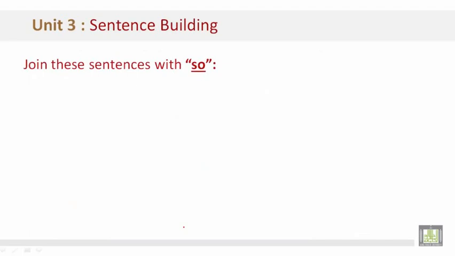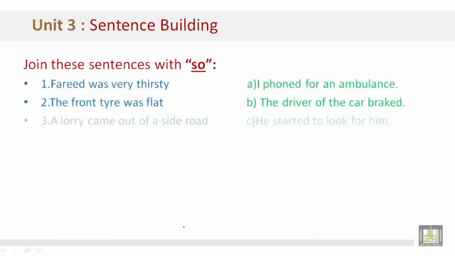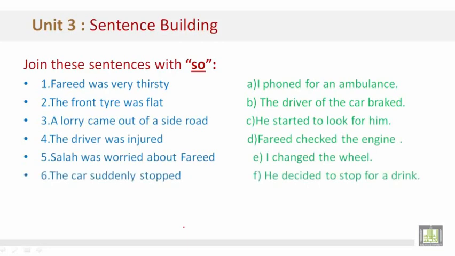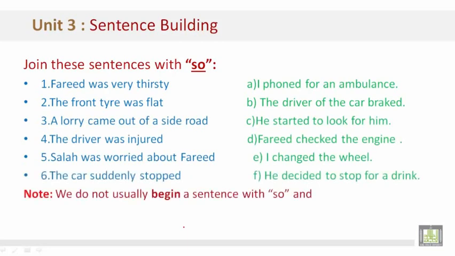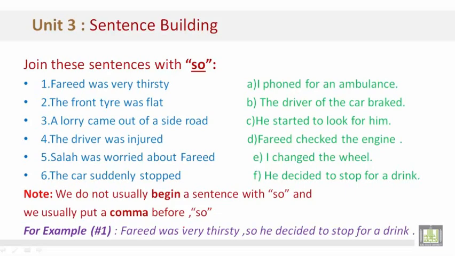Let's join the sentences with so. We have option 1, 2, 3, 4, 5, 6, and please note, we do not usually begin a sentence with so, and we usually put a comma before so. For example, number 1, Fareed was very thirsty, so he decided to stop for a drink. Number 2, the front tire was flat, comma, so I changed the wheel.